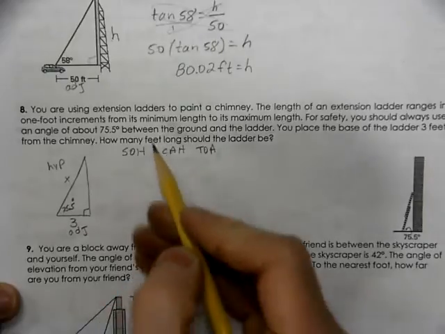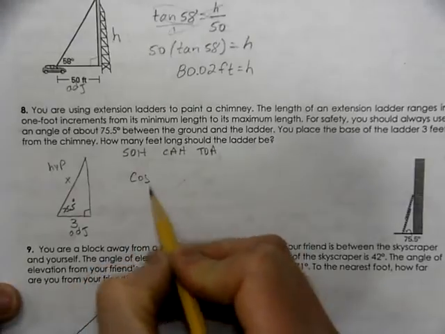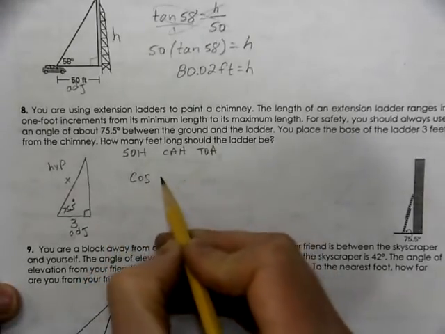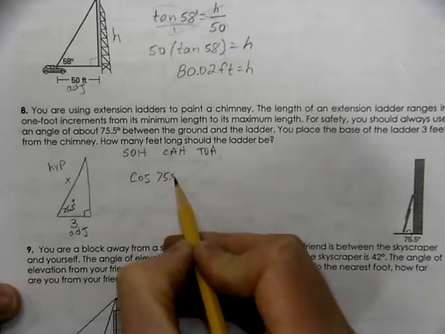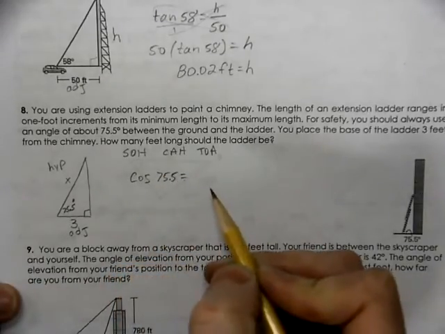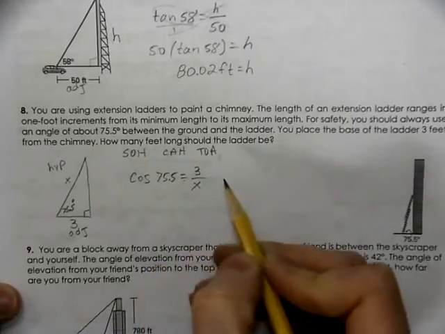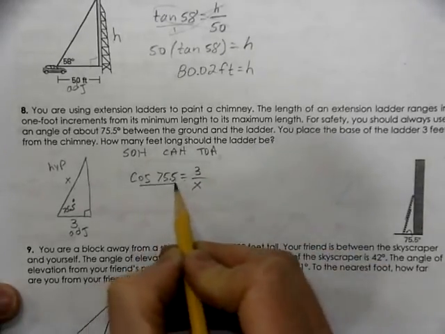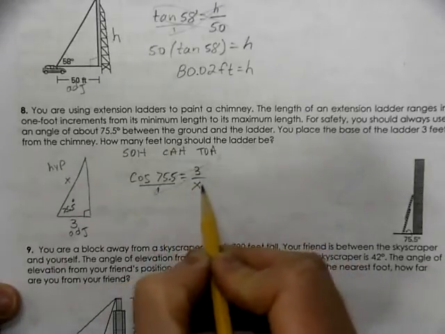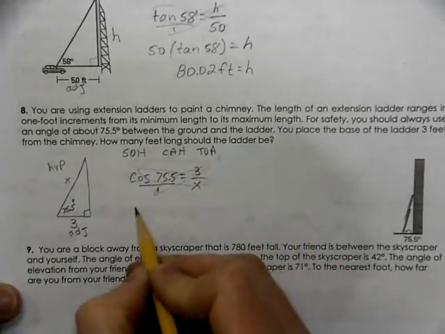Adjacent over hypotenuse, I know that that's going to be the cosine. Cosine of the angle equals the adjacent side to the hypotenuse. Place that over 1 and cross multiply.